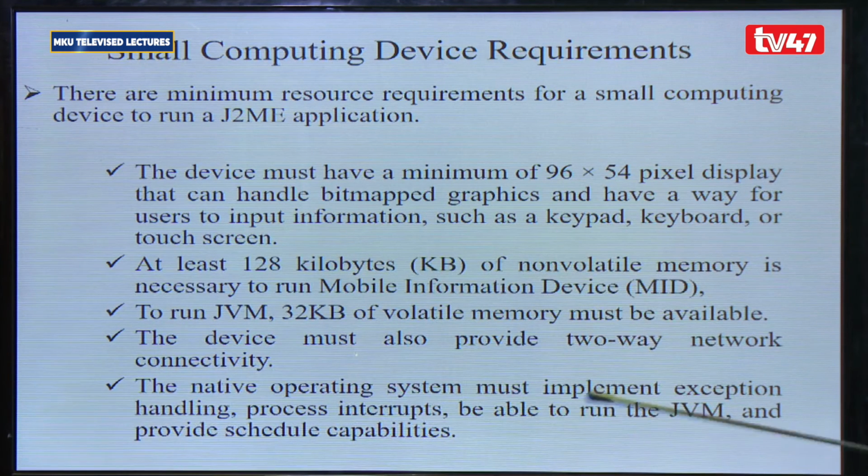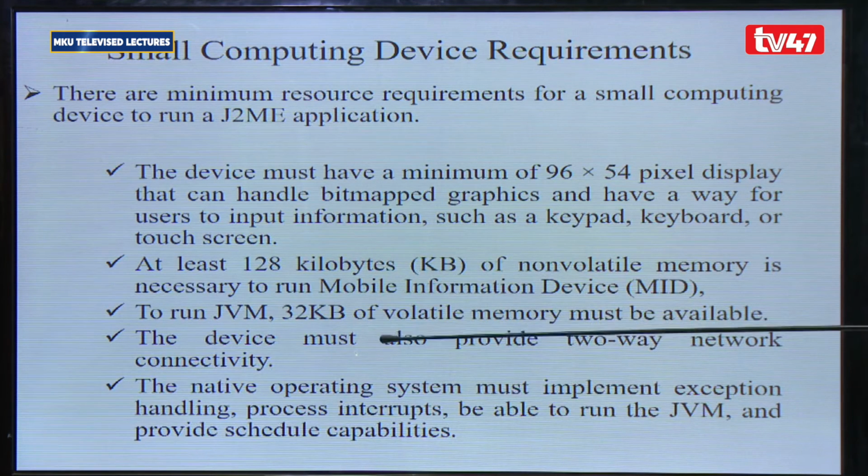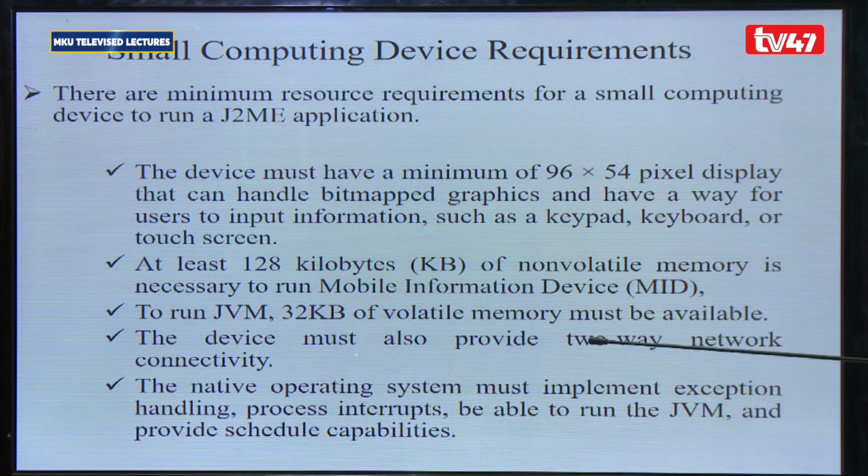We have to have 128 kilobytes of non-volatile memory for you to be in a position to run the mobile information device. Another requirement is that 32 KB of volatile memory must be available.